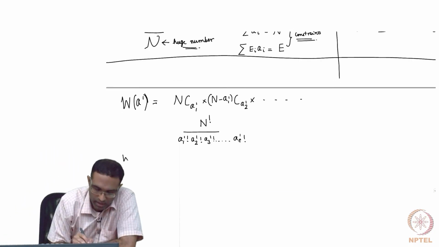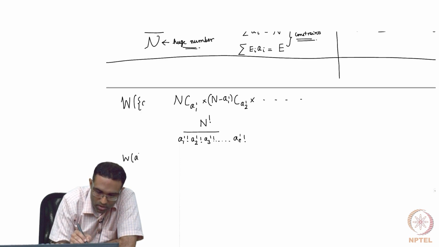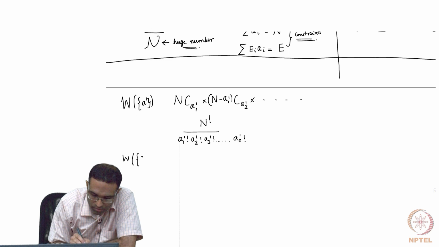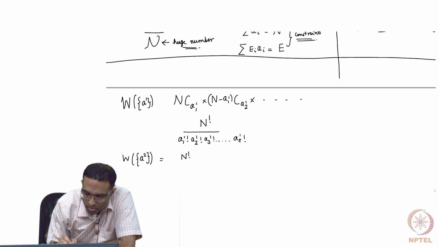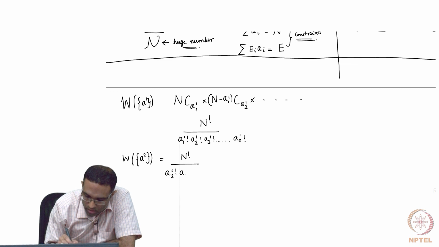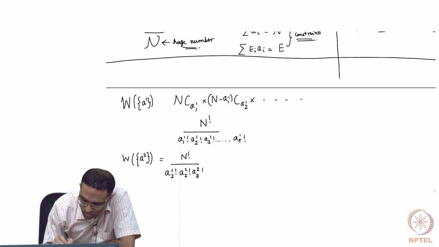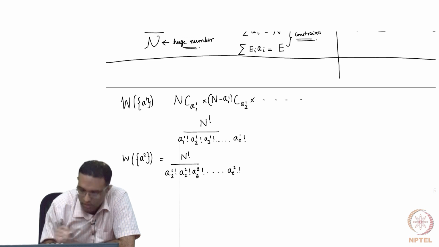In a similar manner, I am going to write this in flower brackets just to emphasize the fact that it is a distribution. So the total number of ways a second distribution can be realized will again be n factorial divided by A12 factorial, A22 factorial, A32 factorial, and so on till AE2 factorial and so on.